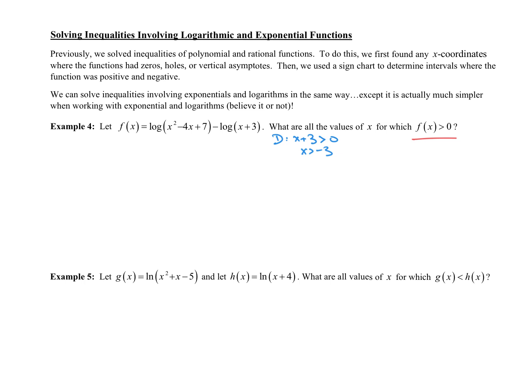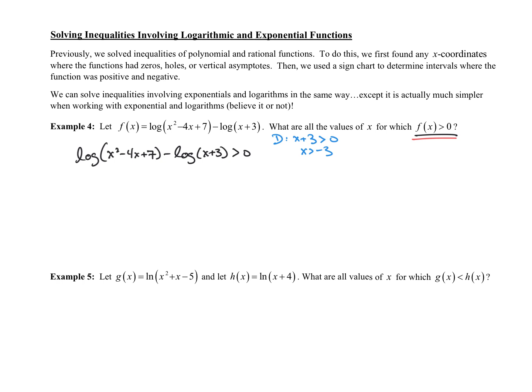Okay, so we're just going to tuck that away for a sec. Now we're going to set our function greater than 0. So I have log base 10 of x squared minus 4x plus 7 minus log base 10 of x plus 3 is greater than 0.